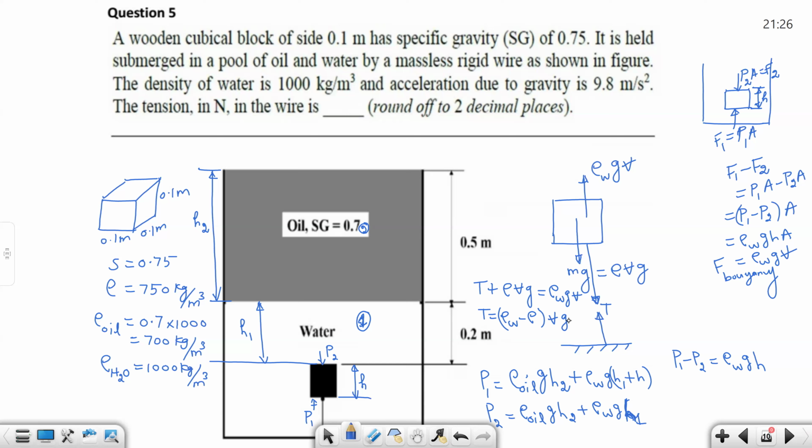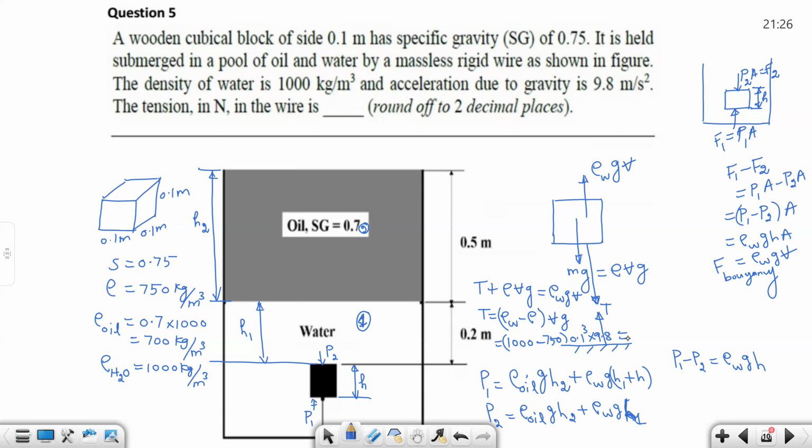So this much is the Newton. Density of water is 1000, density of object is 750, volume is 0.1 cubed, into g, 9.8.